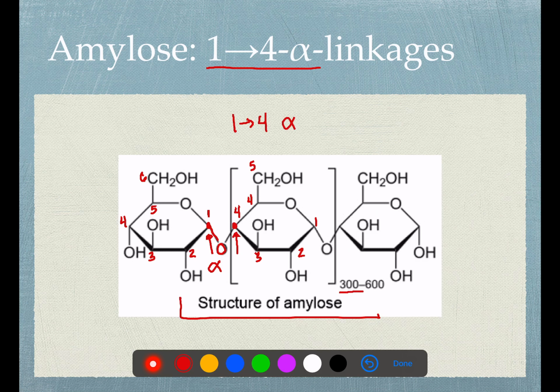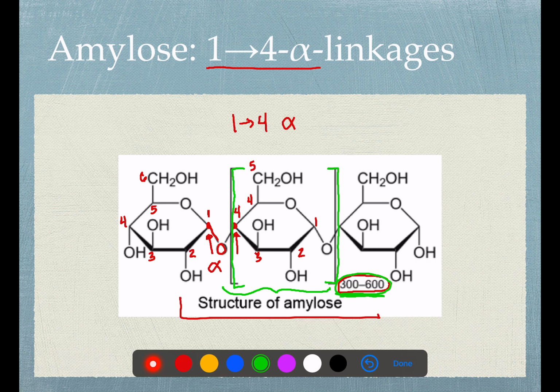If you look at this over here, this might be notation that you have not seen before. We've got this square bracket, and then outside of the square bracket, it says 300 to 600. So what that means is the monosaccharide that's inside that square bracket is repeated anywhere from 300 to 600 times to make up an amylose molecule.